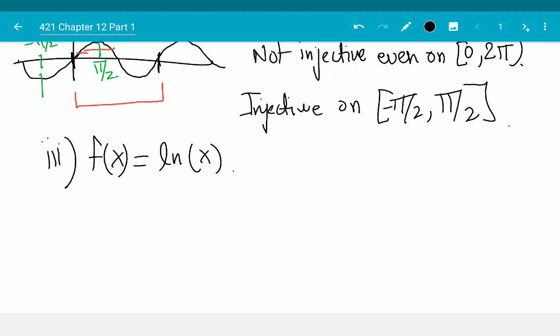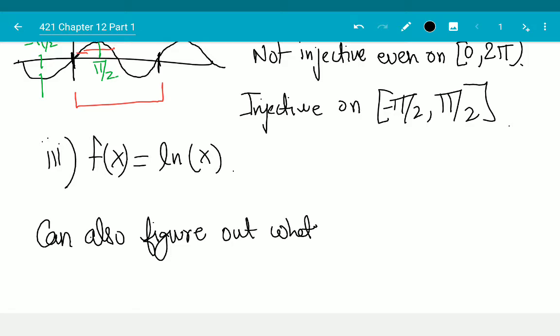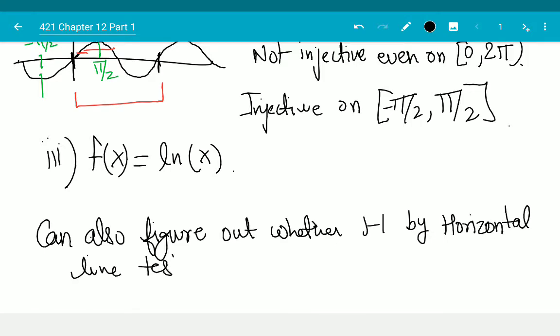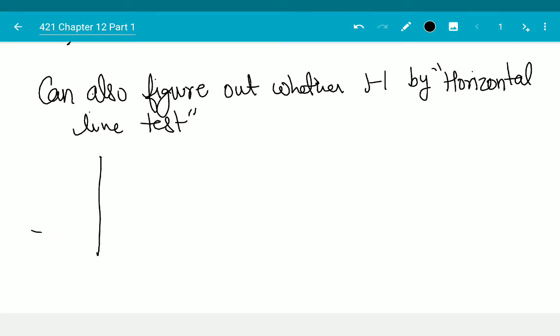You can also figure out whether a function is 1-1 by the horizontal line test. What is the horizontal line test? Well, it is similar to the vertical line test that you have seen before.